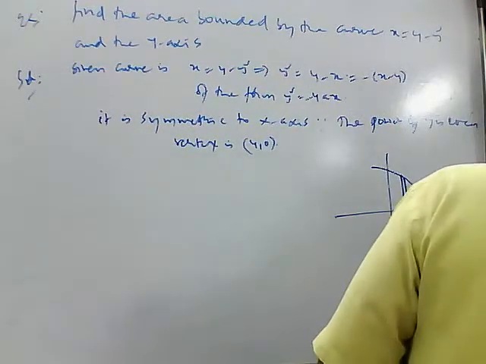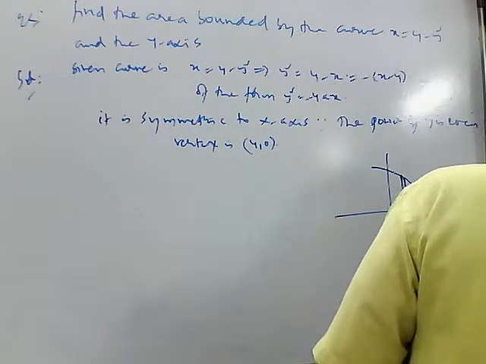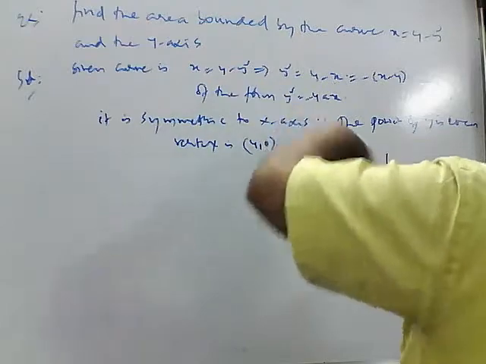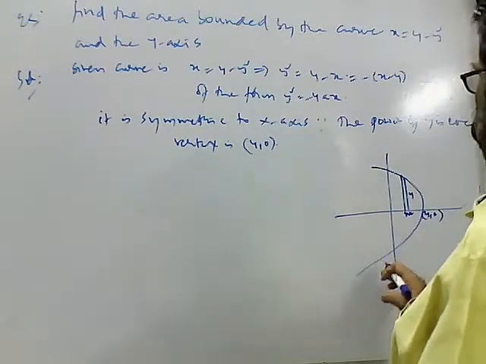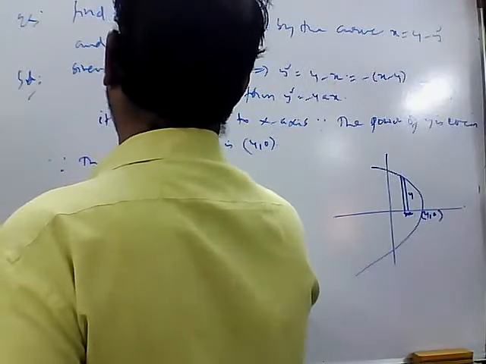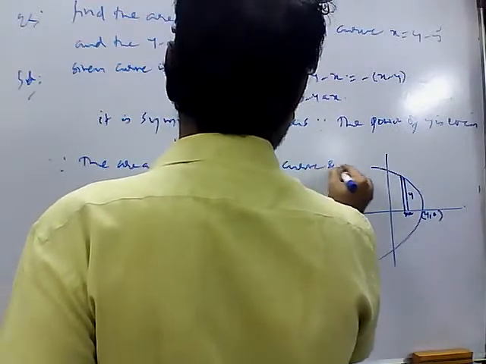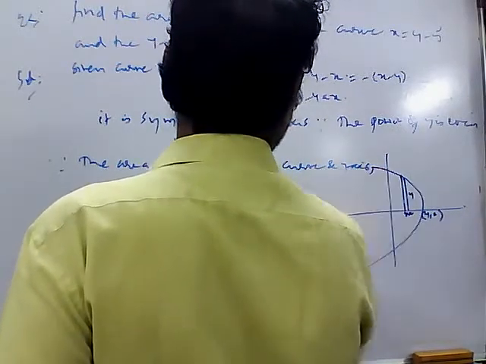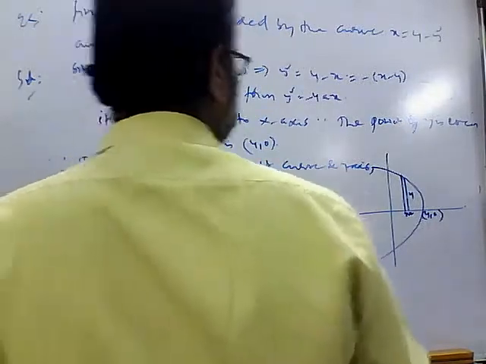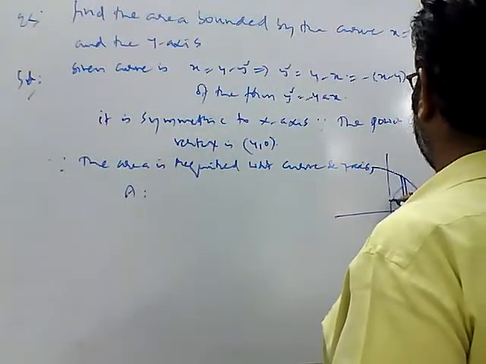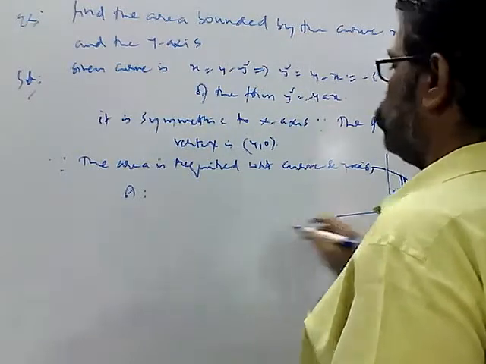So the area bounded by the curve and the y-axis. Y-axis means both parts will come. Since the area is required with respect to the curve and the y-axis, A is equal to this area A1 plus A2.